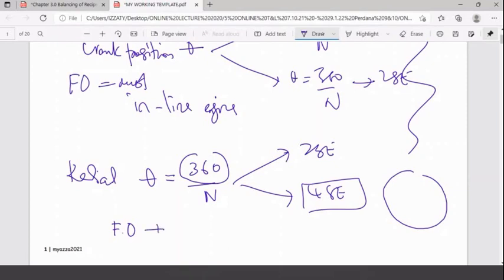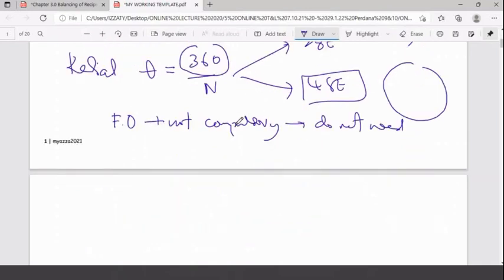It must have a firing order. It's FO. Firing order is compulsory there. Here it is not compulsory. You don't even need one. The reason is that there is no space between the cylinders, isn't it?